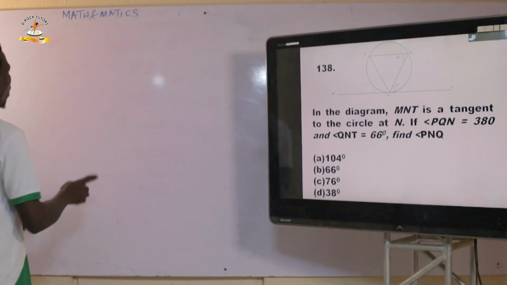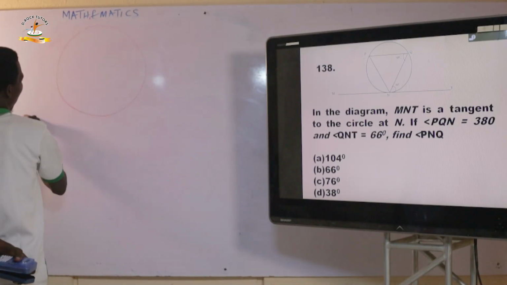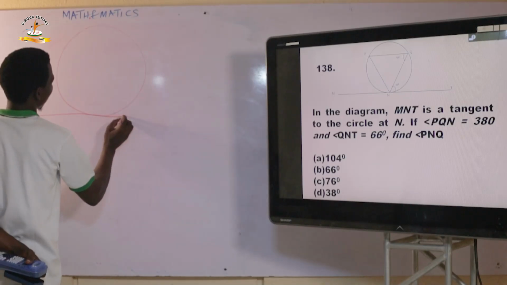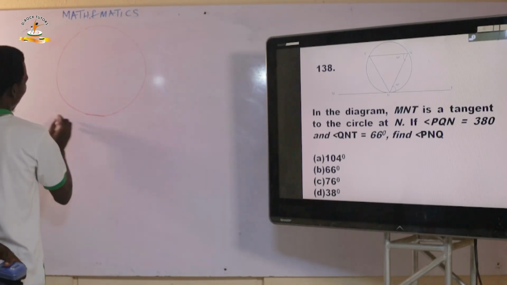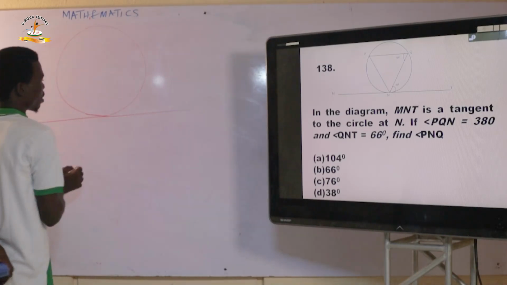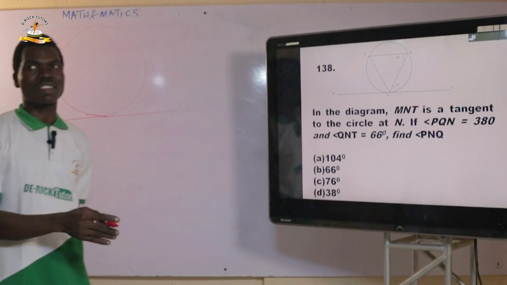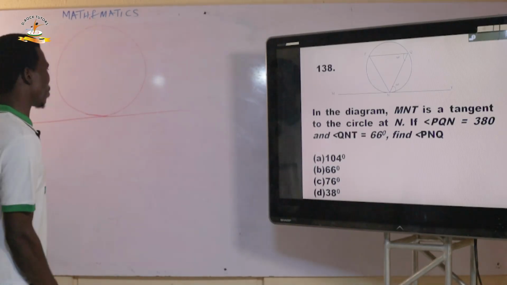So we have a circle and we have a tangent. And we all know what a tangent is. It's just a line that passes beside a circle, but it just touches the circumference of that circle.